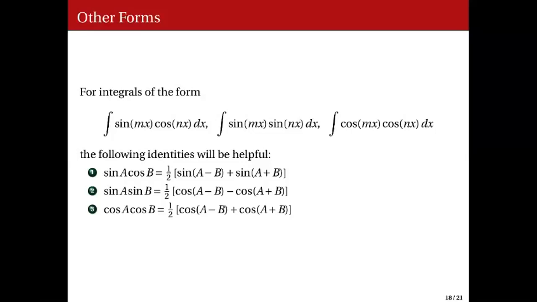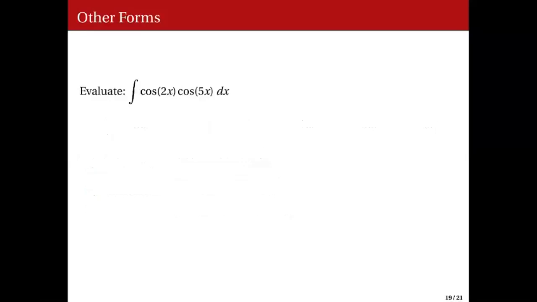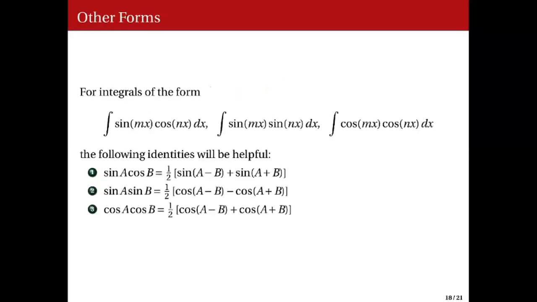So, for example, integral of cosine 2x cosine 5x dx. If we use the identity, we will have 1/2 integral. What will remain inside? Let us go back. Cosine cosine, we need this one here.